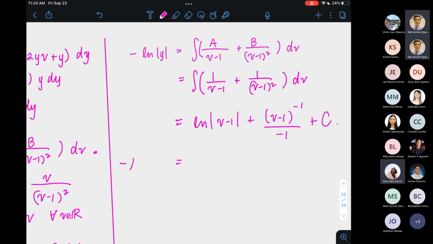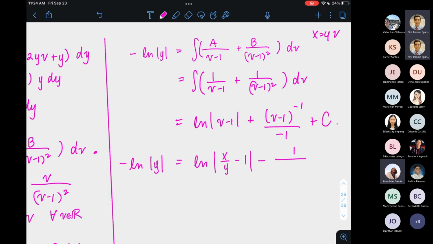So this is ln. Babalik na ako ngayon sa variable x and y. So this will be ln ng ang v natin ngayon ay, anong sinubstitute natin? X equals yv. So si v ay x over y. X over y minus 1 plus, so magiging negative na siya.